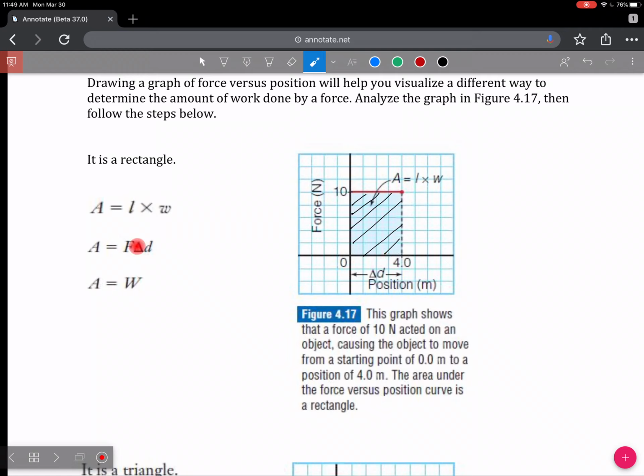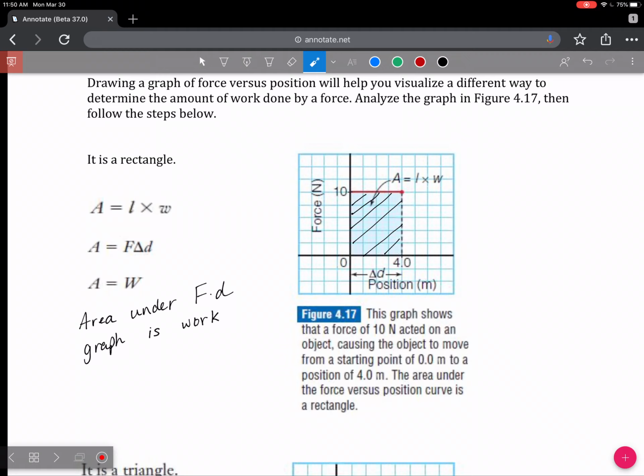So we can substitute that in as FD, and that means that the area under an FD graph is work. In this example, we have a constant force being applied, and we can determine how much work is done by calculating the area.